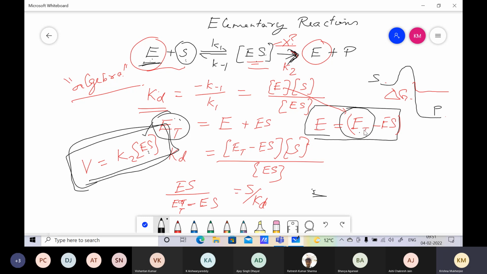ET is either free or bound, and the bound fraction is what K2 is making into product, and this is what you have added. So now can you tell me very simply what will be the velocity of reaction? What is ES equal to in terms of KD and ET and S?